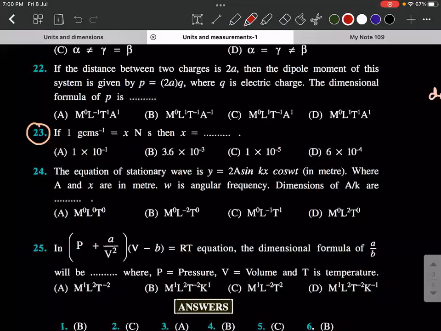Yesterday I taught you a method, right? So break it into two columns. Left side column will be in CGS, right side column will be in SI.